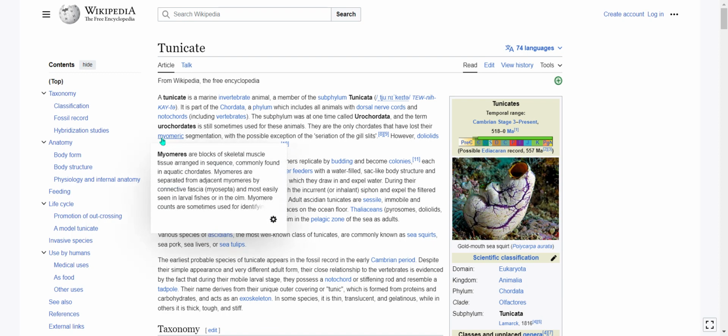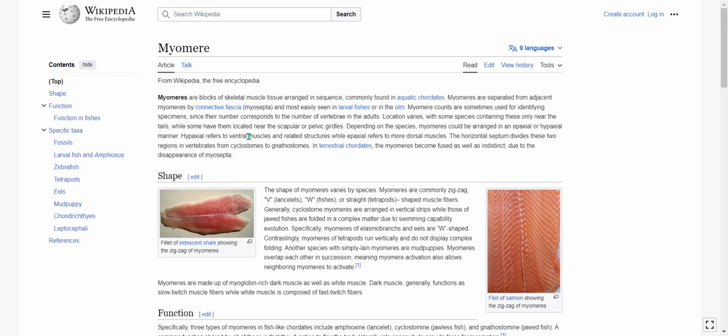Myomeres are blocks of skeletal muscle tissue arranged in sequence commonly found in aquatic chordates. Myomeres are separated from adjacent myomeres by connective fascia, myosepta, and most easily seen in larval fishes or in the olm. What is the olm?